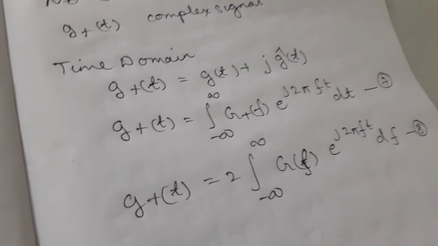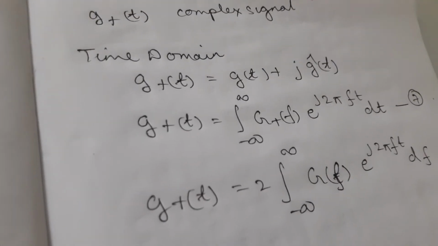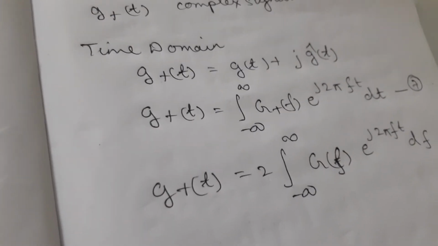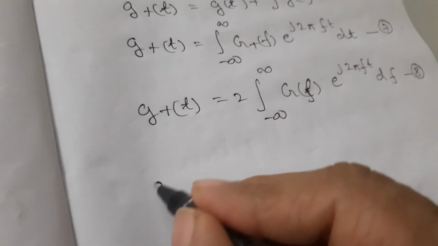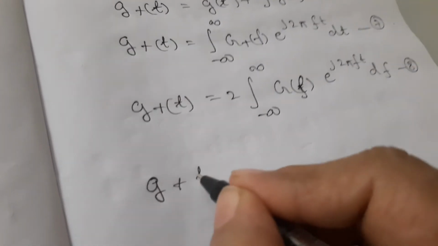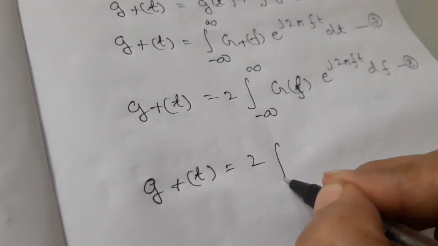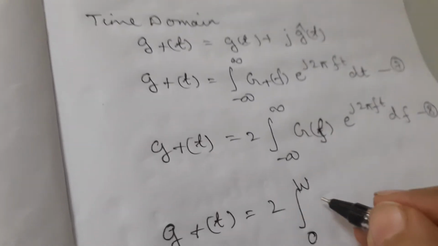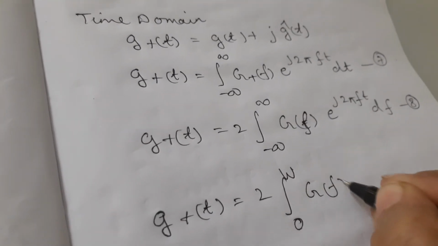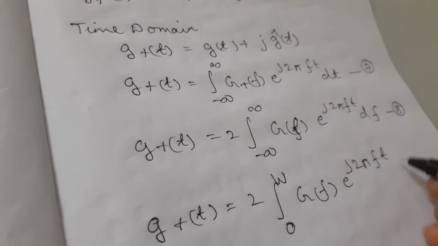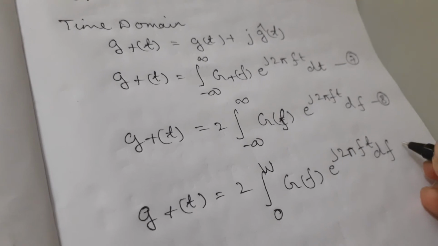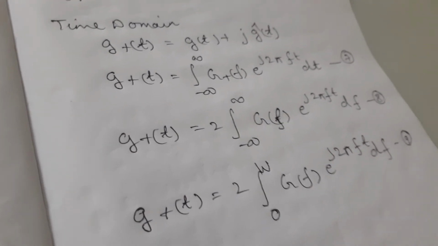For the low pass limited spectrum shown in the previous figure, we can reduce g plus of t equal to 2 times the integral from 0 to W of g of f exponential j2 pi ft d of f. Let this be the 9th equation.